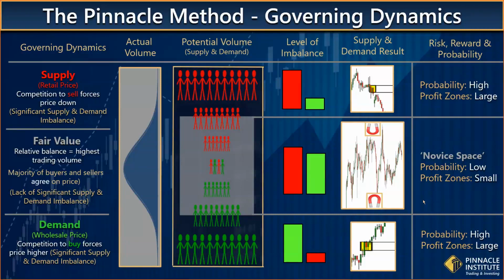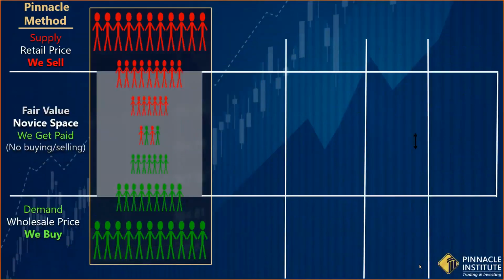Now, I want to share something else with you here. If we agree that supply, demand, fair value, and all that is how the markets work, let's now look at why so many people are not successful.